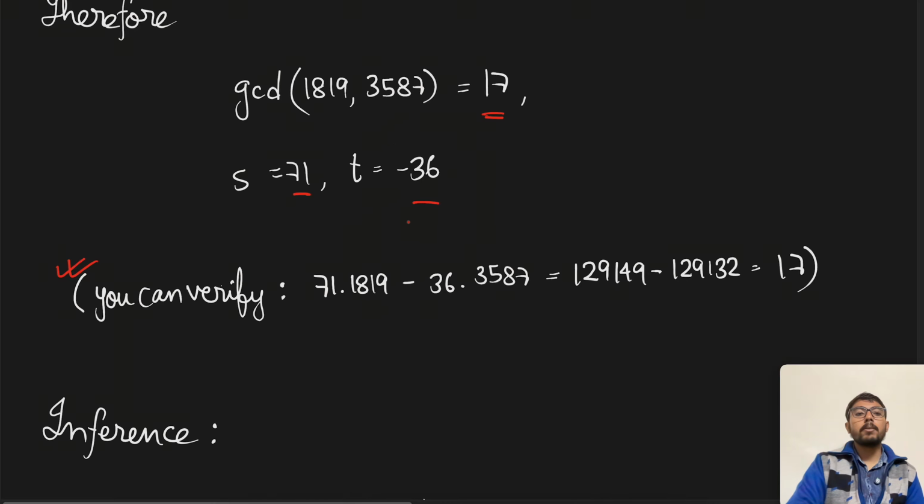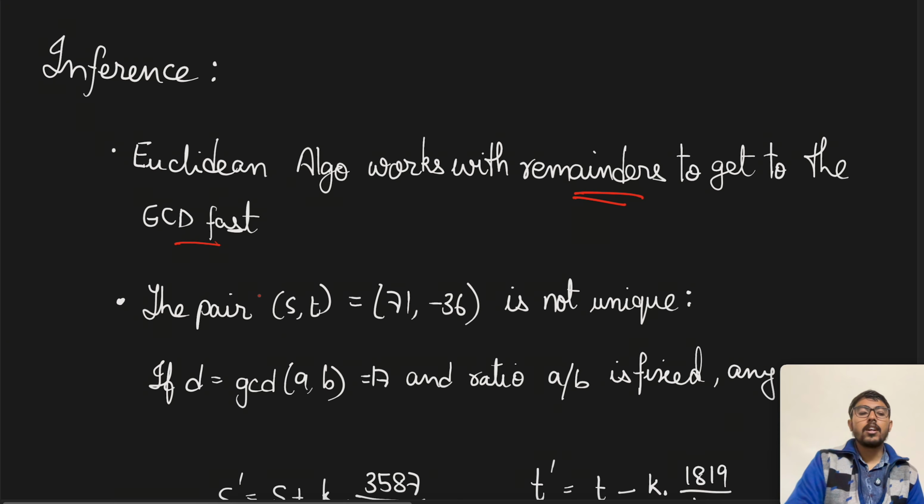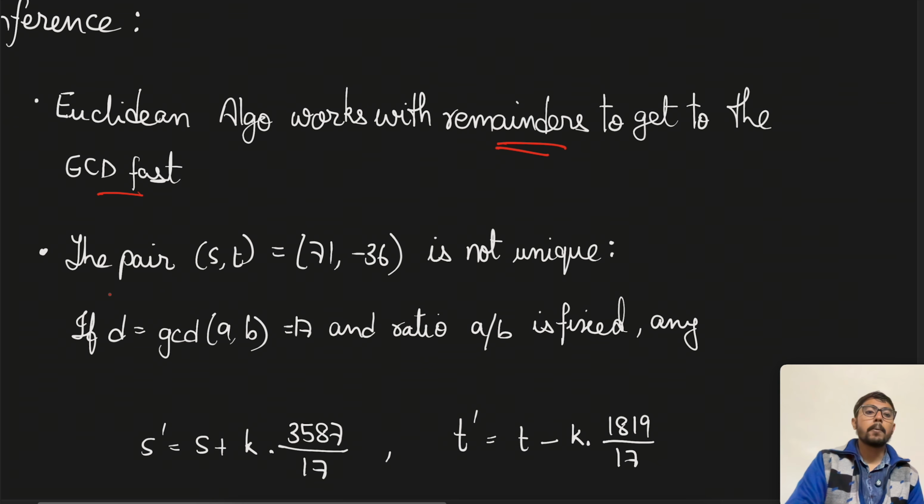Now from this above method of solving, we can get to the inference that the Euclidean algorithm works with remainders and not just numbers to get to the GCD fast. Another important deduction is the pair S comma T, 71 comma minus 36, is not unique, right.